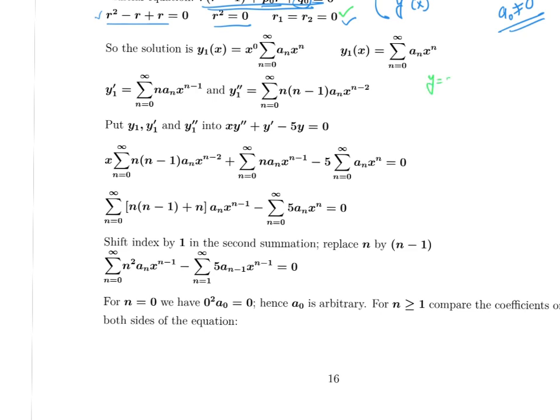y is equal to x to the power r times the summation from n = 0 to infinity of a_n x^n. However, since r is equal to 0, x to the power r is equal to x to the power 0, which is just 1. Remember, x is not equal to 0, okay?